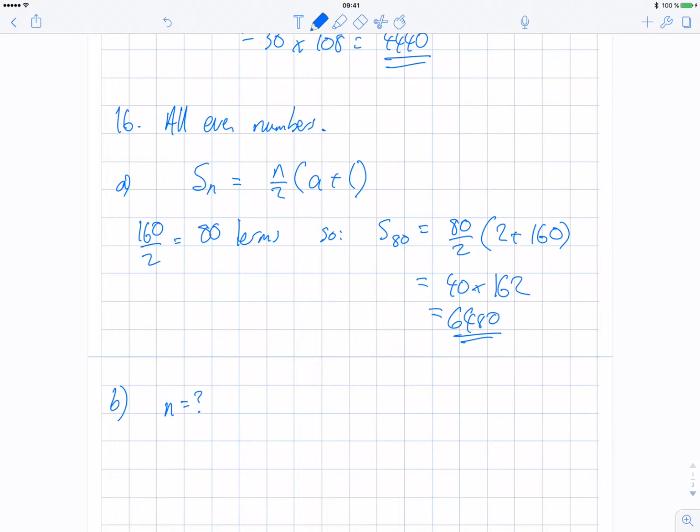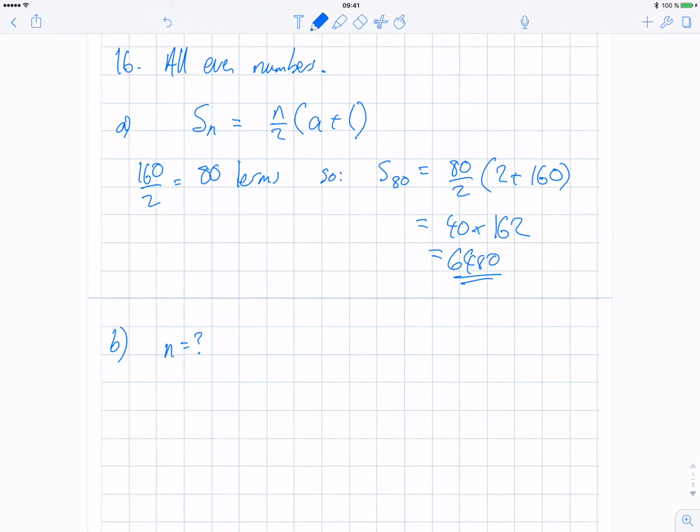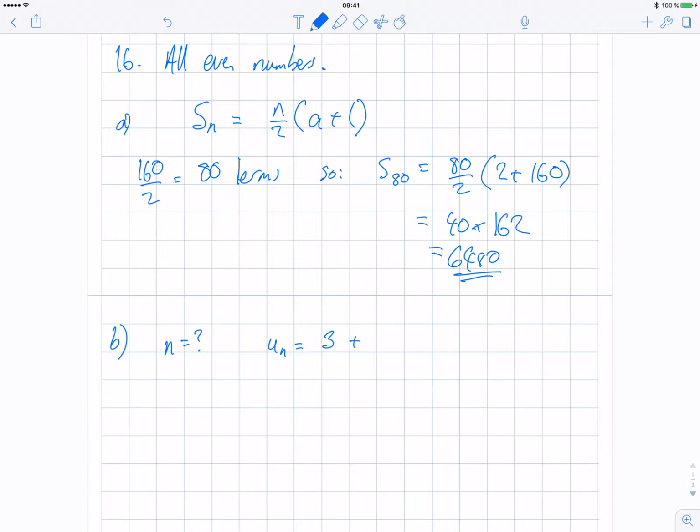Well, I could say u of n is equal to the first term, which is 3, plus n minus 1 times d, and d is 3, and I know that that is going to be less than 500. So I can solve that. So it's 3 plus 3n minus 3 is equal to 500. So 3n is equal to 500. So n is equal to 500 divided by 3.